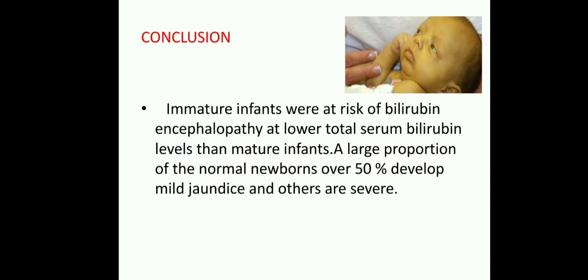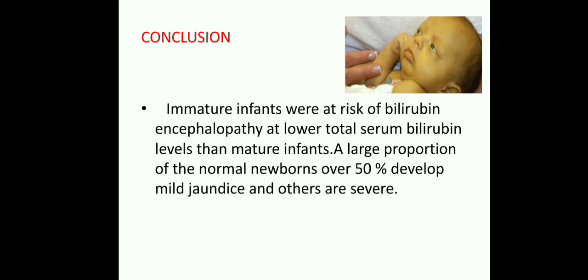So you should be careful immediately after delivery: whether any trauma, injuries, bruises or hematomas are there, you should observe carefully. It indicates breakdown of the RBC. Once the breakdown of the RBC occurs, the unconjugated bilirubin is not converted by conjugation.